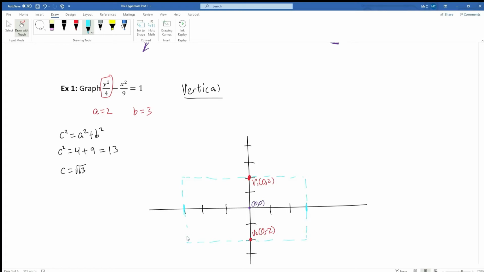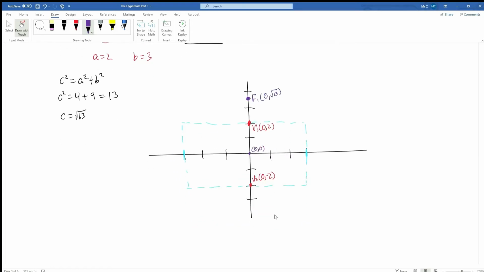And let's go ahead and graph our foci as well. So they're going to be roughly here, F1, which is going to be at (0, square root of 13), and F2, which is going to be down here, at (0, negative square root of 13).